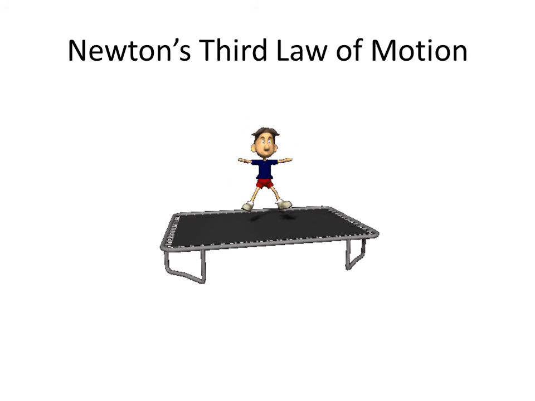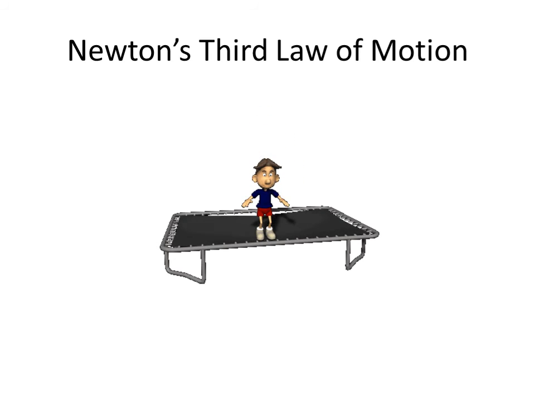Newton's third law of motion, it is the easiest. It can be summarized by these two words, action and reaction. In other words, the forces come in pairs. The man is exerting an action force downward on the trampoline.